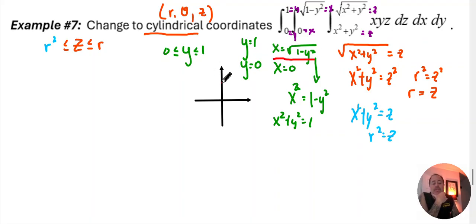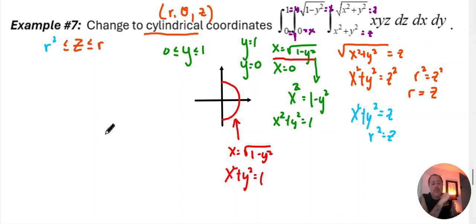So instead of having the entire circle, we want this region right here. So this is going to be x equals the square root of 1 minus y squared, but remembering that the actual equation for this is x squared plus y squared is equal to 1. And then we're only looking at where y is between 0 and 1. So we want this region right here, and this is all we want.